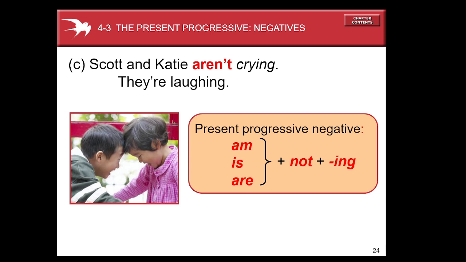Contraction, aren't. Scott and Katie aren't crying. They're laughing. Okay, so don't forget, this is the present progressive in negative. I'm not, is not, are not.